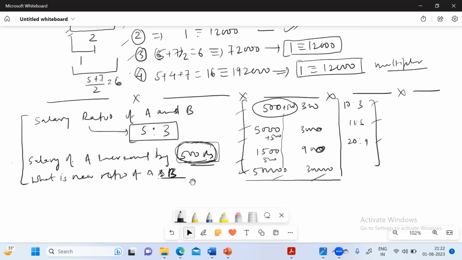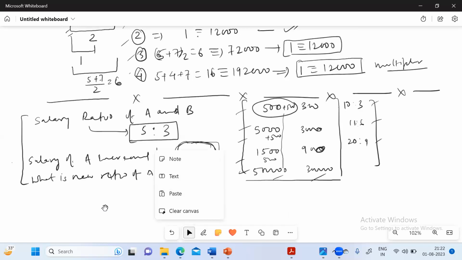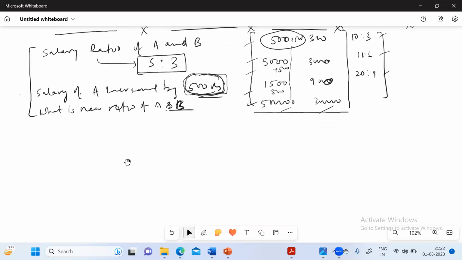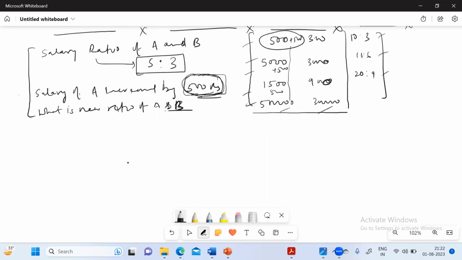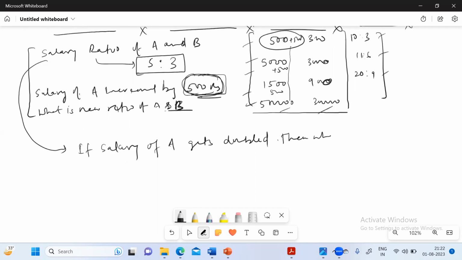But if someone asks you, in the same case, if the salary of A gets doubled, then what will be the new ratio of the salary of A and B?